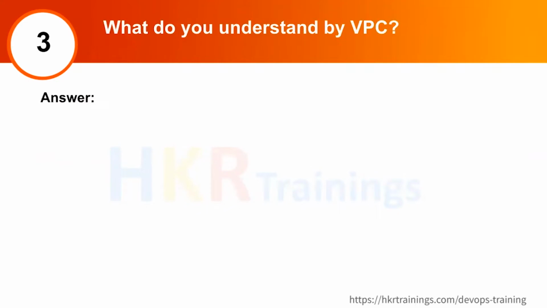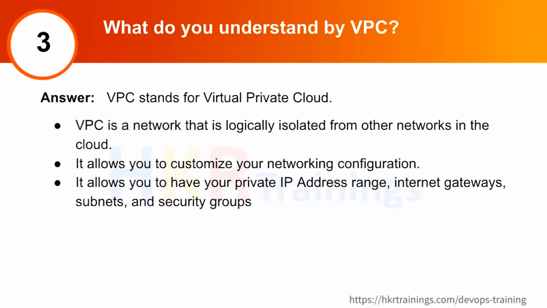Okay, what do you understand by VPC? Whenever we work on any cloud, we have different terminology on different clouds, but on AWS we call it a VPC, a virtual private cloud, and it is a network that is logically isolated from other networks. In one AWS account in one region, you can create multiple VPCs.